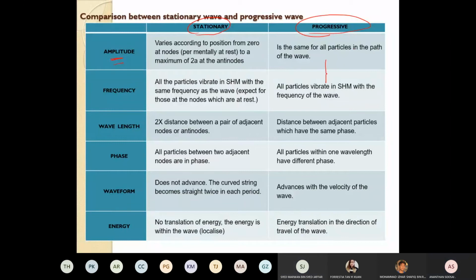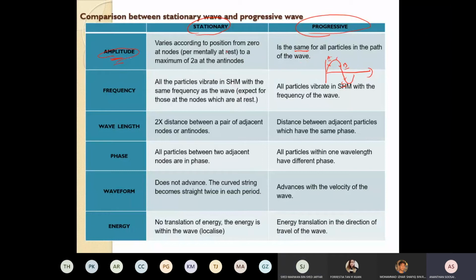Let's say A, B, and C, three particles, eventually will reach the top. All the particles on the path will have the same amplitude in a progressive wave.